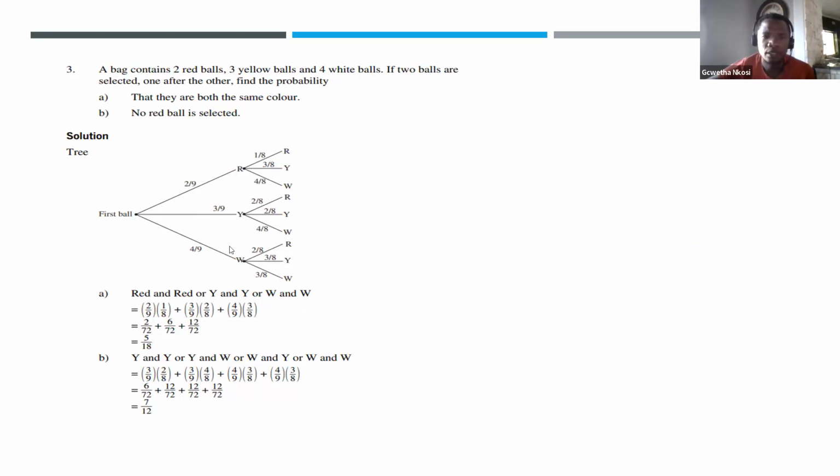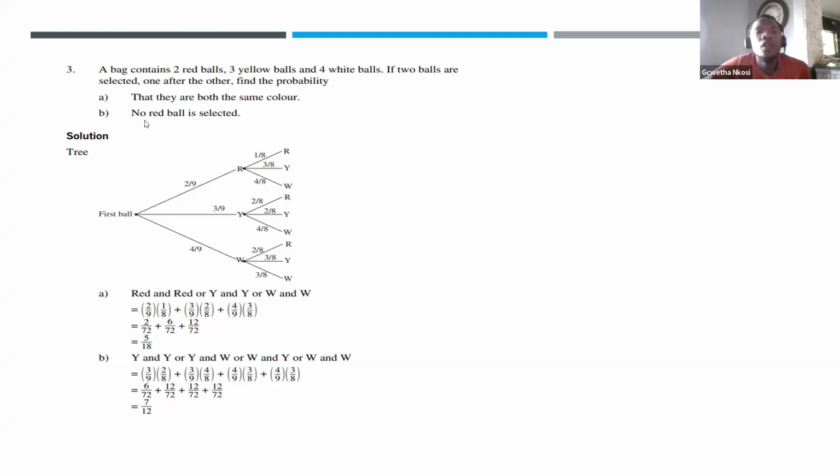The third one, 4 by 9 multiplied by 3 by 8. This is it. So you multiply, that one is 2 over 72, 6 over 72, excuse me, 12 over 72. You add all of that and simplify, you get 5 over 18.